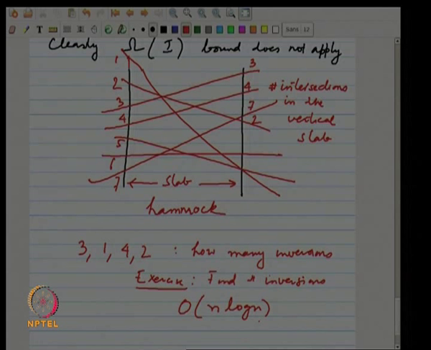Of course, this does not solve the general problem. This is only for a vertical slab, because now we have the situation that segments could end or begin within the slab, right. So, we have a more general situation, but this should give you an idea that the problem can also be solved much faster, and in fact the general problem itself can be solved in n log n time. Well, it's not straightforward, but it can be done.